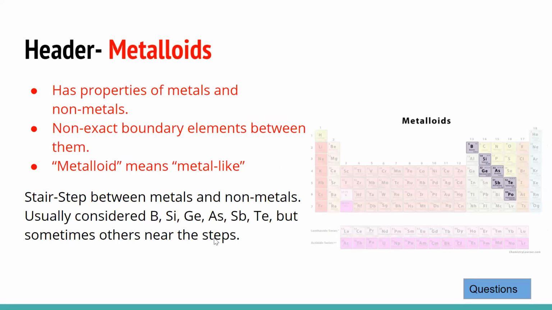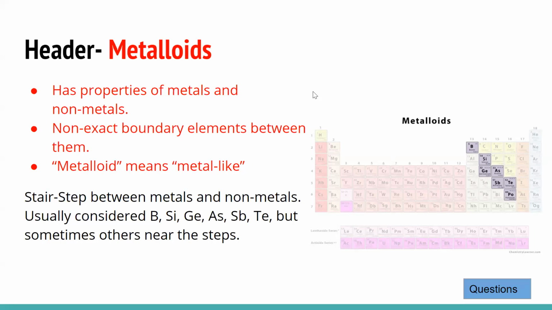Now, there is this chunk of elements. They are not necessarily metals. They don't have the same properties as metals, but sometimes they kind of do, and sometimes they kind of don't. They have a varying number of electrons in their outer shell. You can see that they sort of step to the right, so they have even more.